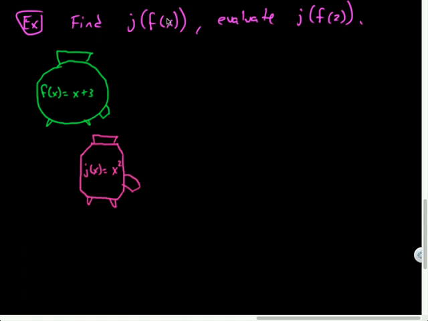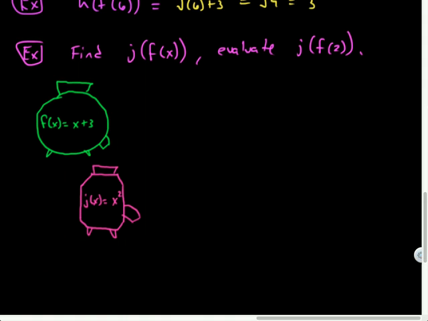So you work from the inside out, right? So start with this, plug it into j, is what that's saying. So let's figure this out. j of f of x is going to equal, the original j of x machine was just squaring stuff, and I'm replacing the contents of it with x plus 3.